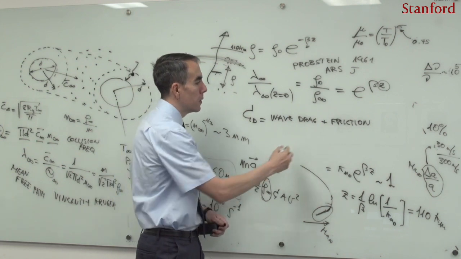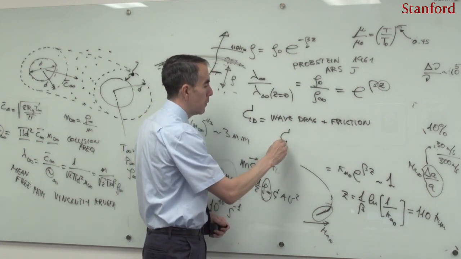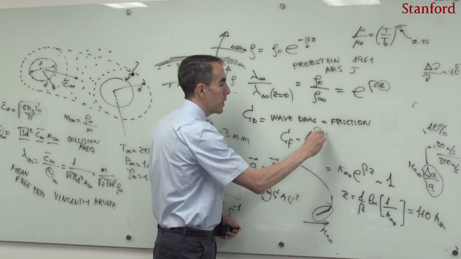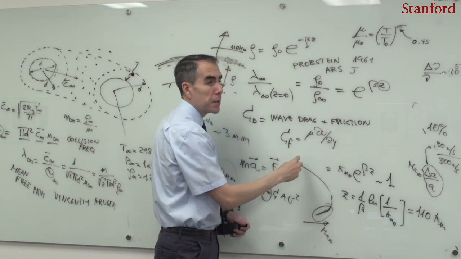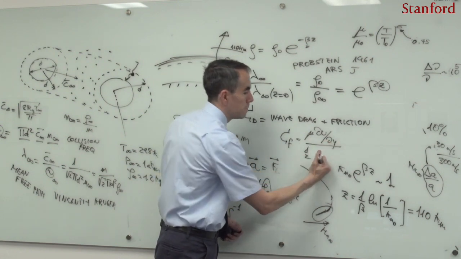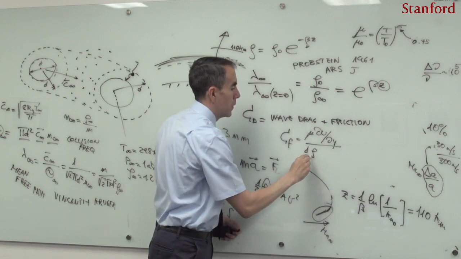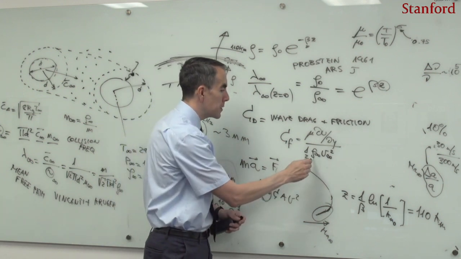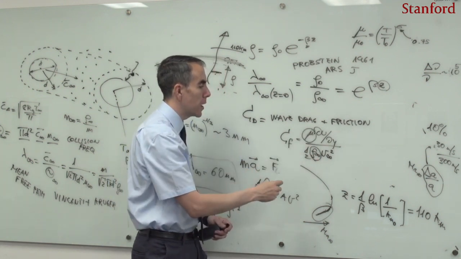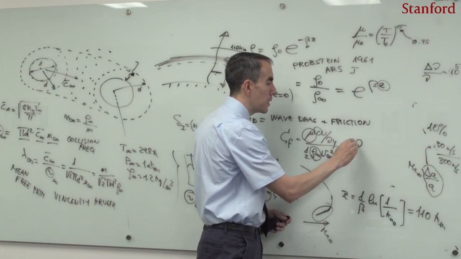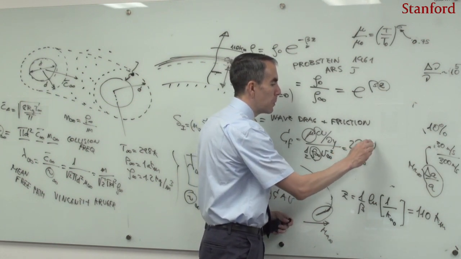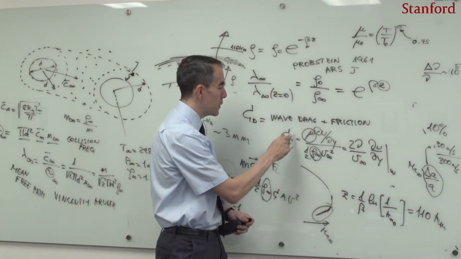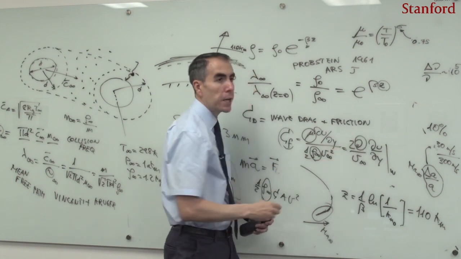But if I write it in terms of the friction coefficient, it is just mu multiplied by the velocity gradient at the wall divided by one half the density of the free stream multiplied by the velocity of the free stream squared. Here you can recognize that I have a density and I have viscosity, so I can express this as twice nu divided by u infinity multiplied by du/dy at the wall.